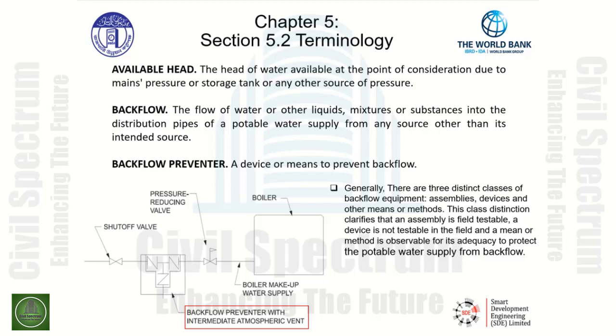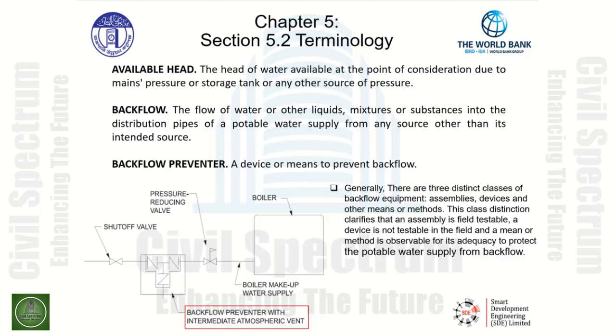Backflow is defined as the flow of water or other liquids, mixtures, or substances into the distribution pipes of a potable water supply from any source other than its intended use. This is something that we need to avoid.